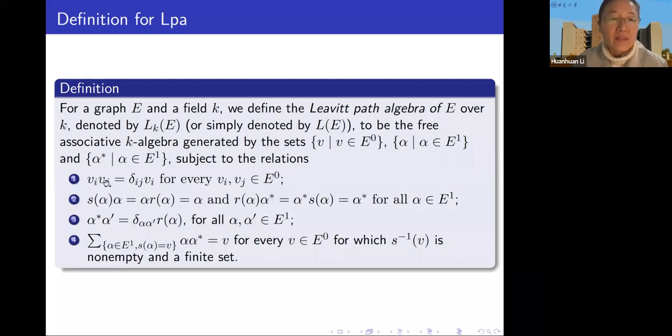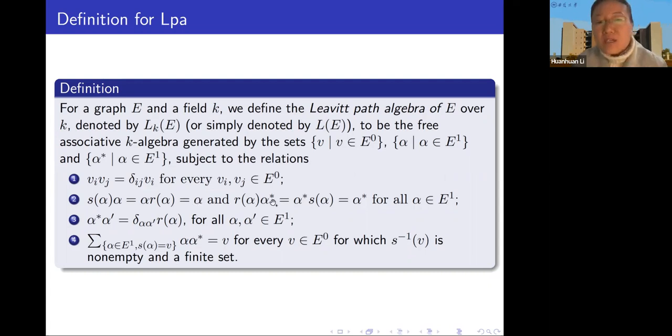The first relation says the vertices are idempotents and they are orthogonal, so for different vertices the multiplication is 0. The second relation is that for any edge alpha in the graph E, the source of alpha multiplied by alpha is equal to alpha, and similarly alpha multiplied by the range of alpha is also equal to alpha.